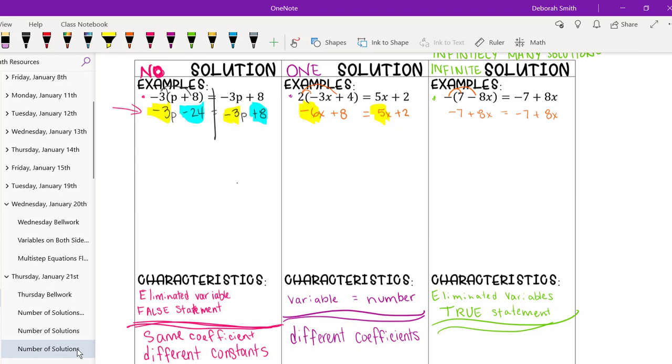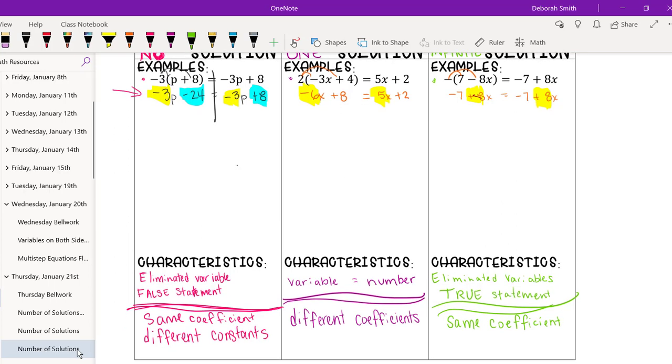Next, let's look at infinite. Now the coefficient here is 8. Here's the pen I need. Coefficient here is 8. And then on the right side, the coefficient here is also positive 8. So make sure you're looking at the sign to the left of those numbers. So I have the same coefficient again. Okay, same coefficient.